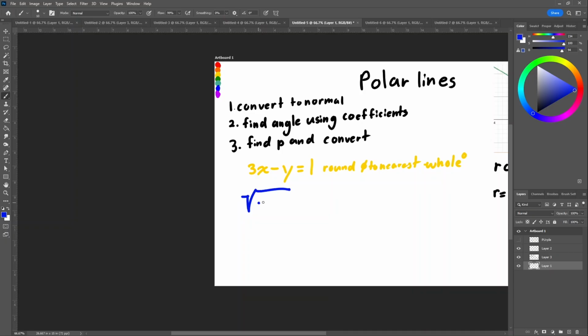So we can start by doing 3 squared plus negative 1 squared is the magnitude, and we get 9 plus 1, root 10. We got root 10 there. So our new equation here would be 3x minus y equals 1 over root 10, all over root 10.